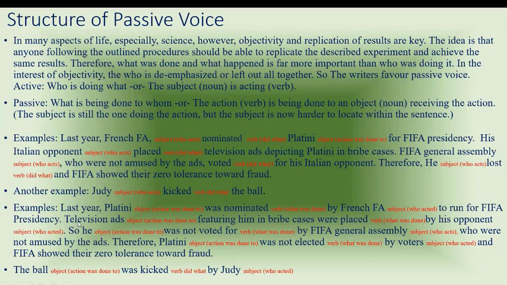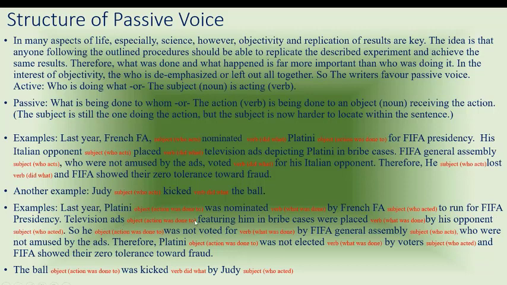Last year, Platini, the object, became the subject, was nominated, the same verb but in a different form, verb to be plus past participle, by French FA, the original subject, to run for FIFA presidency.